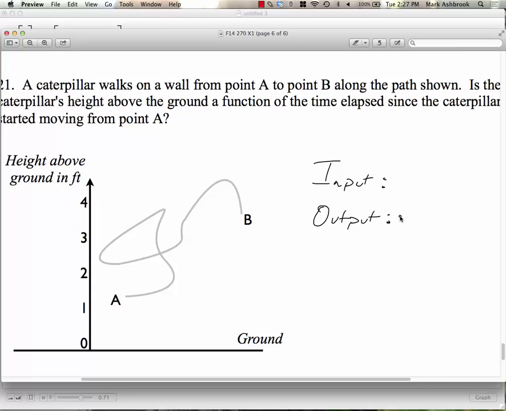Our input would be our interval, 0 to 1, and x is the horizontal position and y is the vertical position. For some given time, you're at a certain height and a certain position. So it's still a function.